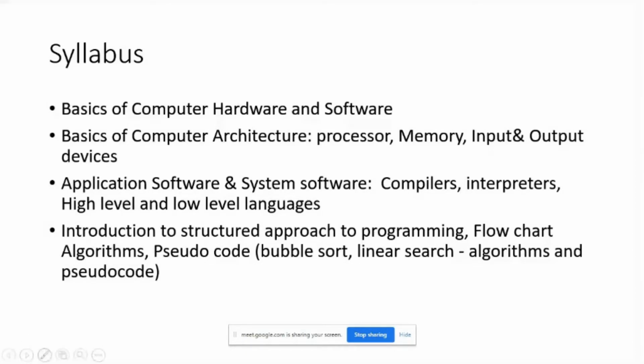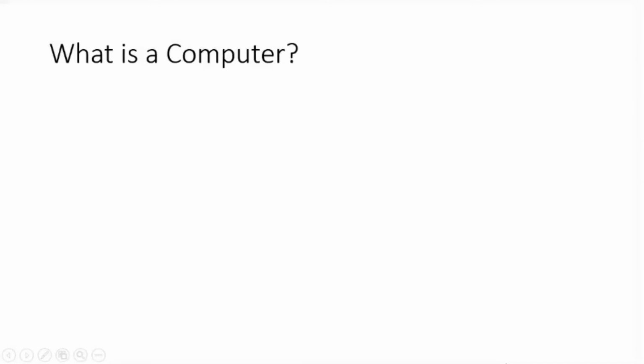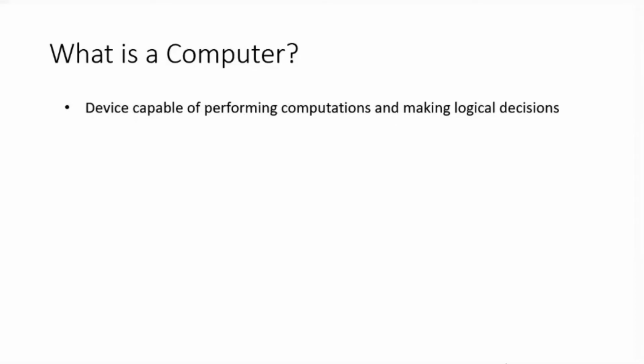So let's start with the basics of computer hardware and software. So how will you define a computer, or what is a computer, or what is the use of a computer? When we describe something about a computer, we know what is a computer. When it is in our home, it is in our hand, etc. We know what is a computer, but how to describe it?